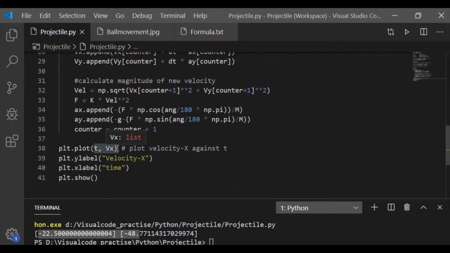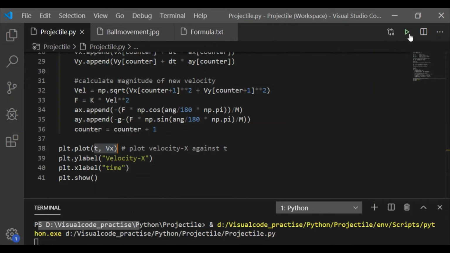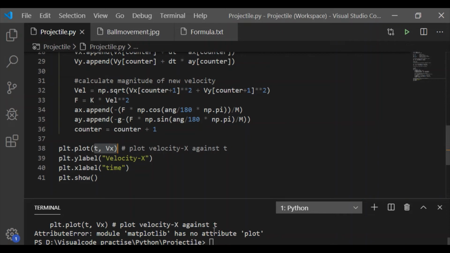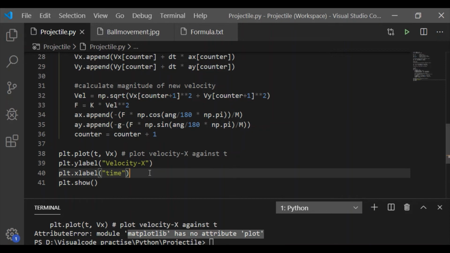This is time against the velocity in x range. Let us execute it. I got an error: module matplotlib has no attribute called plot. I have imported matplotlib as PLT.